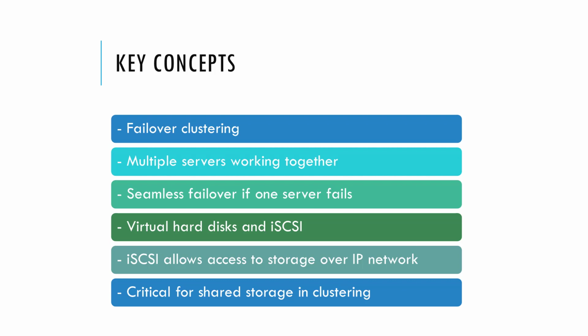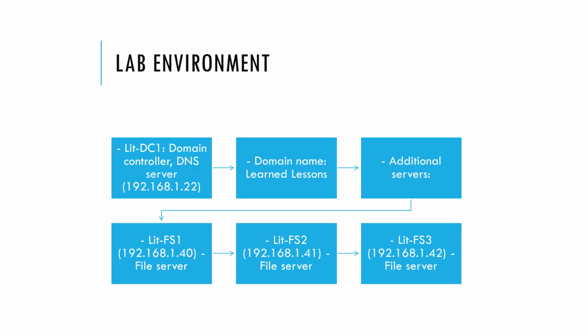iSCSI is a protocol that allows clients or initiators to send SCSI commands to storage devices, which are targets, over an IP network. This setup is critical for accessing shared storage in a clustered environment. So in this demonstration, we'll be working in a simple lab environment consisting of LITDC1, a domain controller and DNS server.